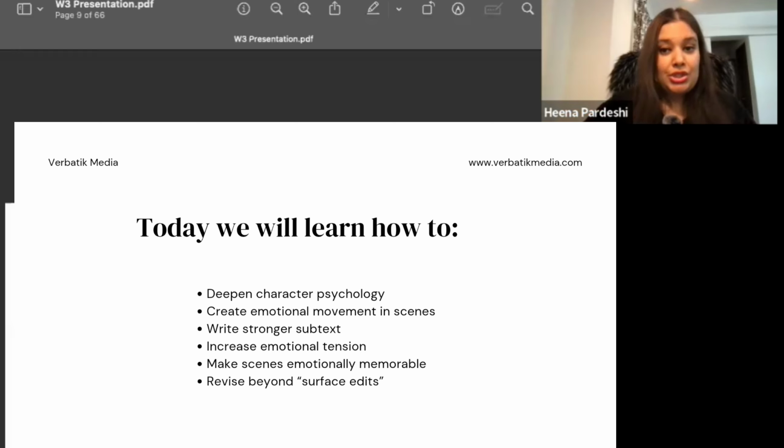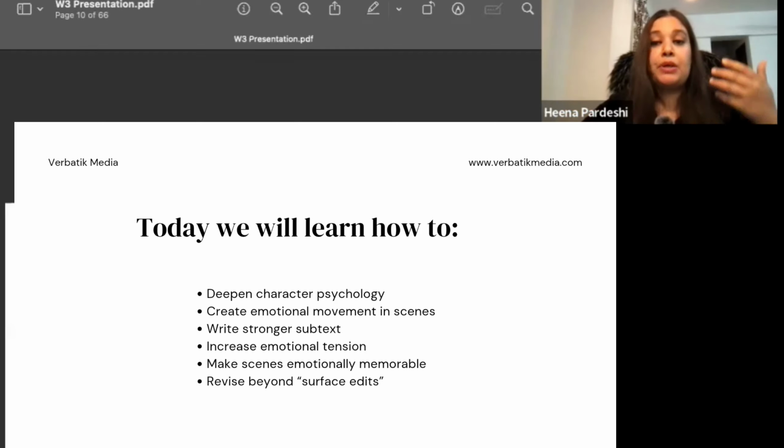Today, we will learn how to deepen character psychology, create emotional movement in scenes, write stronger subtext, increase emotional tension, make scenes emotionally memorable, and revise beyond the surface edits.